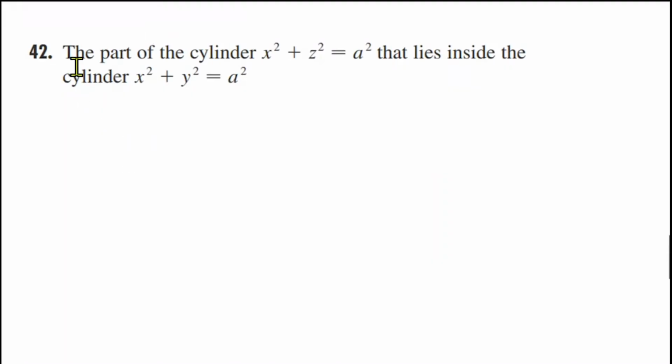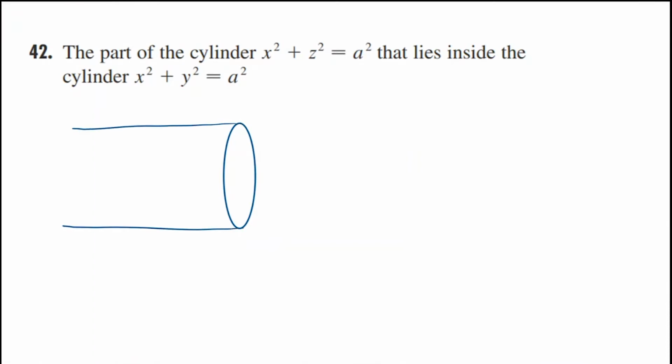So we have to find the surface area of this cylinder, which is opening towards the y-axis. I'm going to attempt to sketch this. I'm not sure how well it's going to go, but hey, let's try it. So we have a cylinder. Let's change that color to black, blue. Okay, and this is sideways, right?